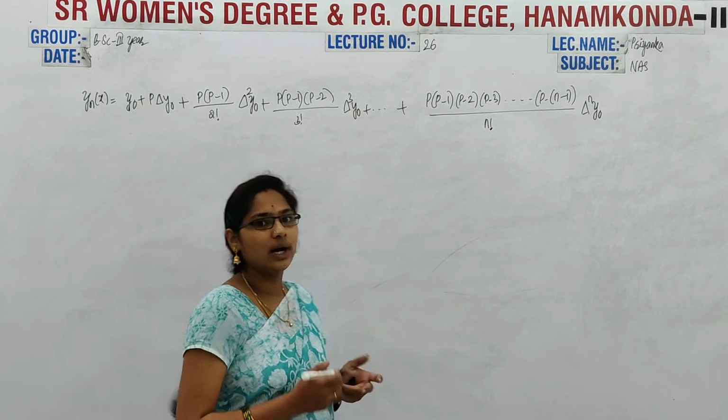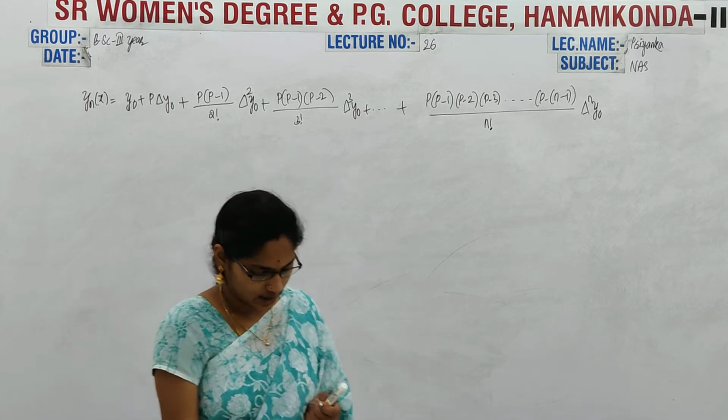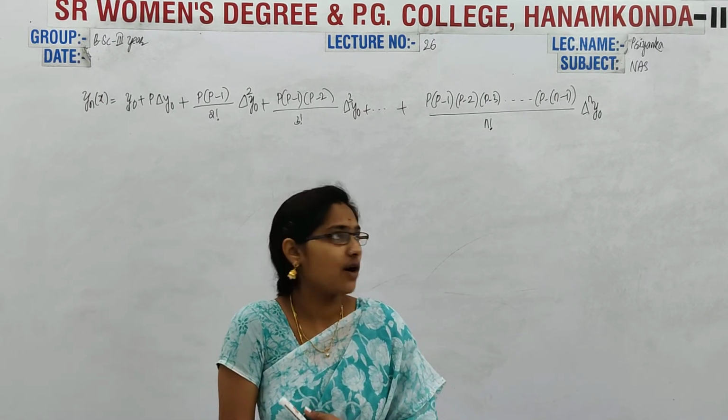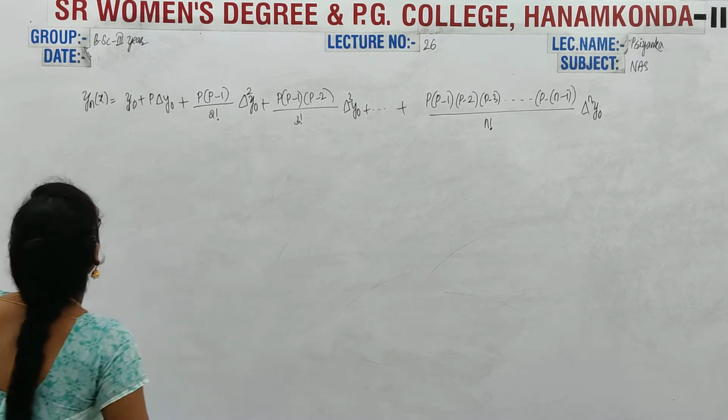This is called Newton's forward difference formula.